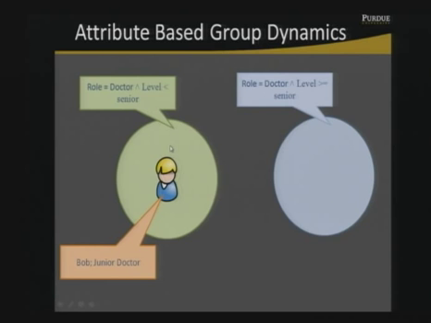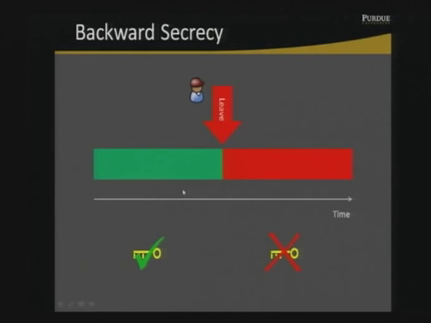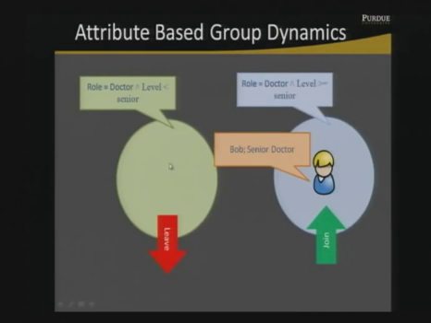As time passes, he is promoted to a senior doctor, so he no longer satisfies this policy. Because of that, it triggers the leave operation, and he is not a member of that group. And since Bob now satisfies this policy, it triggers a join operation and he becomes a member of that group.